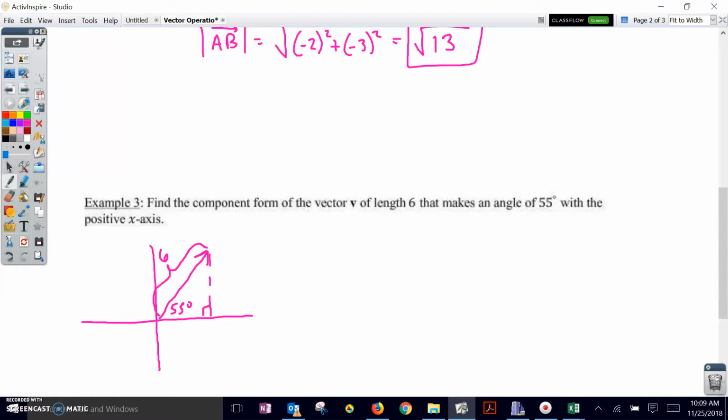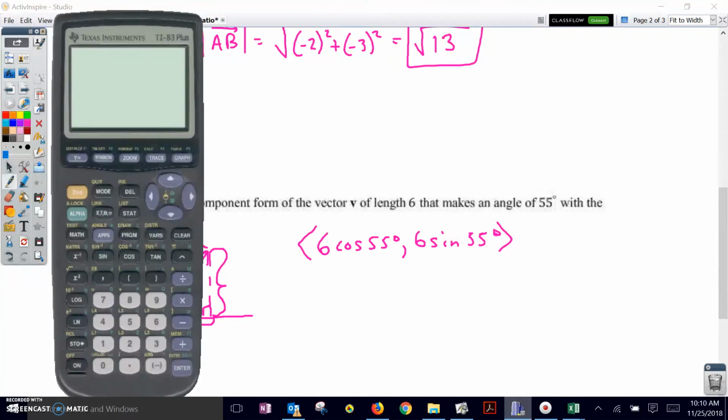The x component is just going to be the length of the vector times the cosine of the angle, and the y component is going to be the length of the vector times the sine of the angle. And so the component form of this vector is going to be 6 cosine of 55 degrees, 6 sine of 55 degrees.